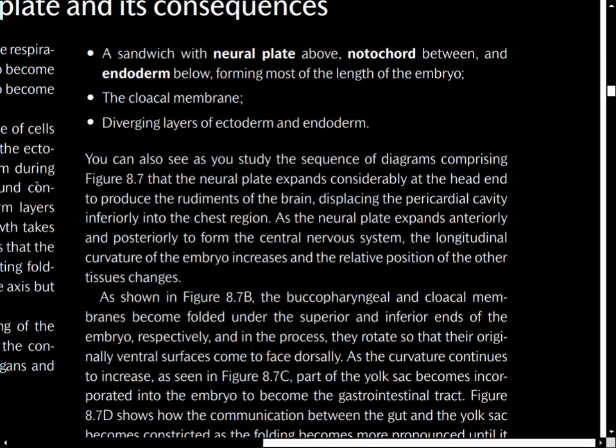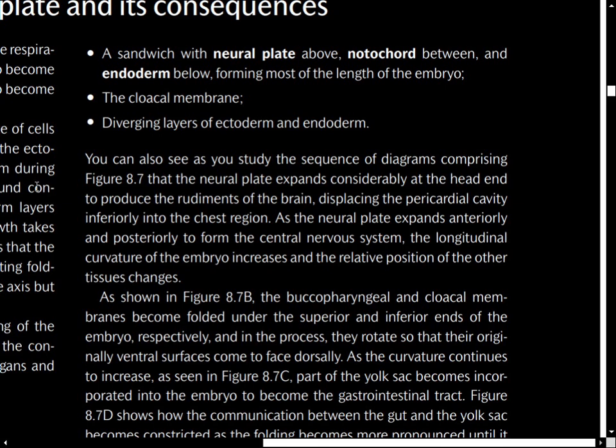As shown, the buccopharyngeal and cloacal membranes become folded under the superior and inferior ends of the embryo, respectively, so that their originally ventral surfaces come to face dorsally.